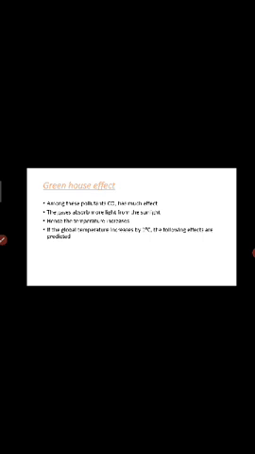Due to carbon dioxide, the globe is heated and the gases absorb more light from the sunlight. Hence the temperature increases. If the global temperature increases by 1 degree Celsius, the following effects are predicted.